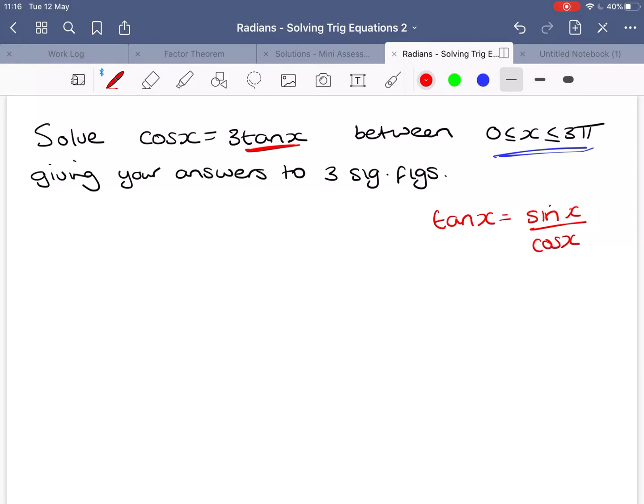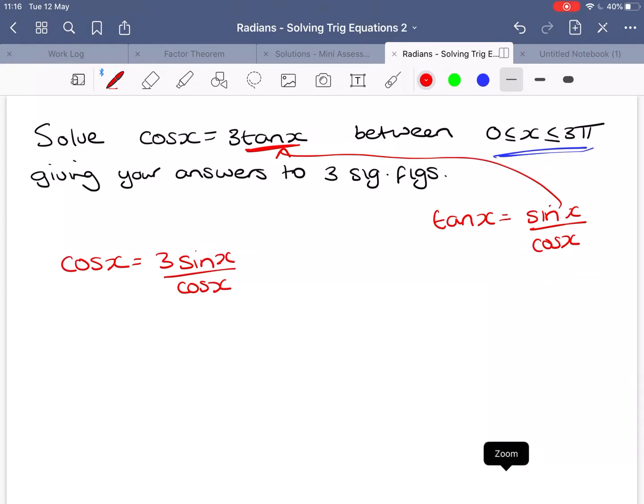So I can substitute that in there. So I can get cos x equals 3 sine x over cos x. Still a bit tricky, but multiply through by cos x to get rid of that denominator, and you end up with cos squared x equals 3 sine x.